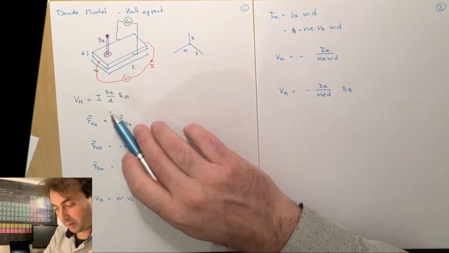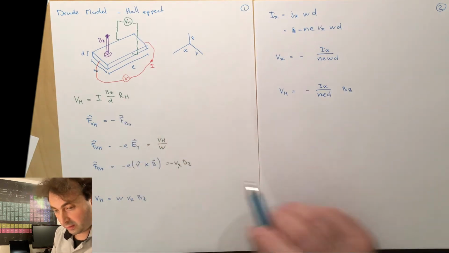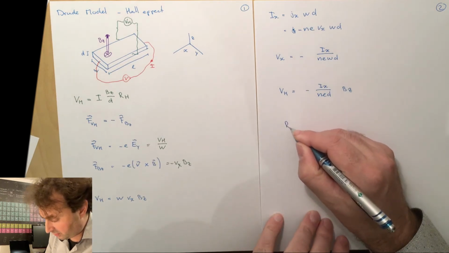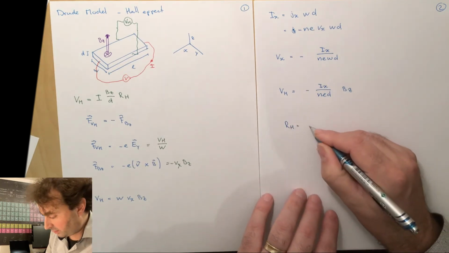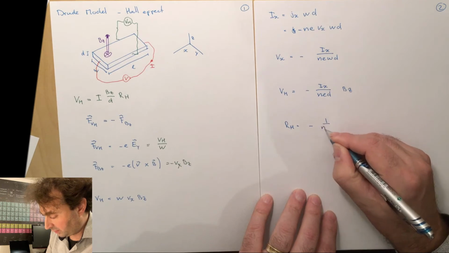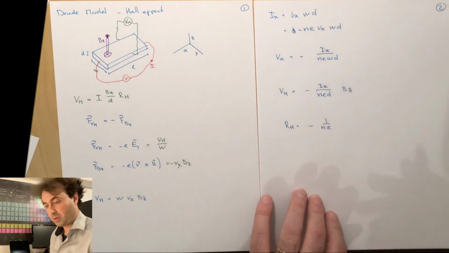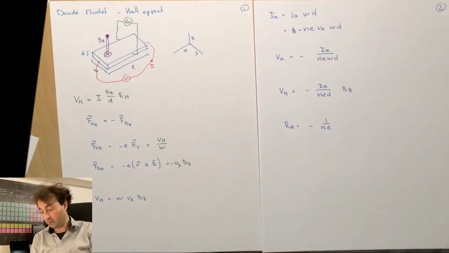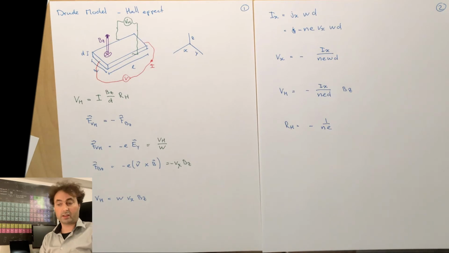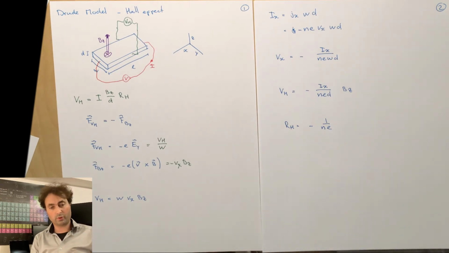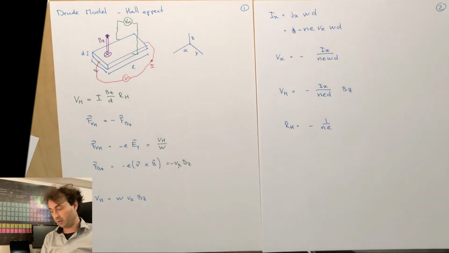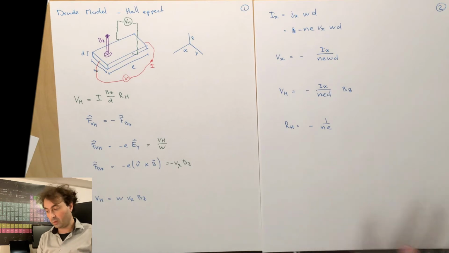If we now compare this, then we see that we can define the Hall coefficient as minus 1 over the electron density times the electron charge. And that actually is a really nice expression, which only depends on the number of charge carriers that you have per volume and the electron charge.